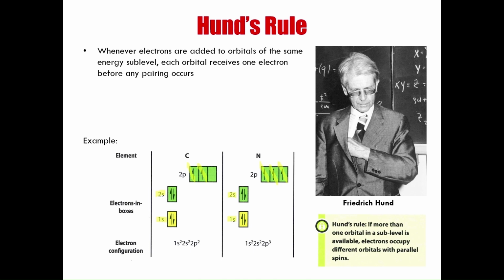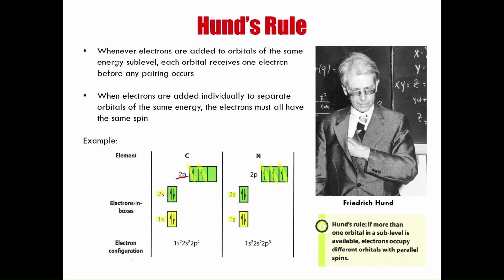Hund's rule states that each one of those orbitals in the same energy sublevel, and the energy sublevel we're talking about now is 2p, each one of those electrons must be placed in an individual p orbital before any pairing can occur. The second part of Hund's rule stated that each orbital must receive 1 electron with the same spin as the next orbital.